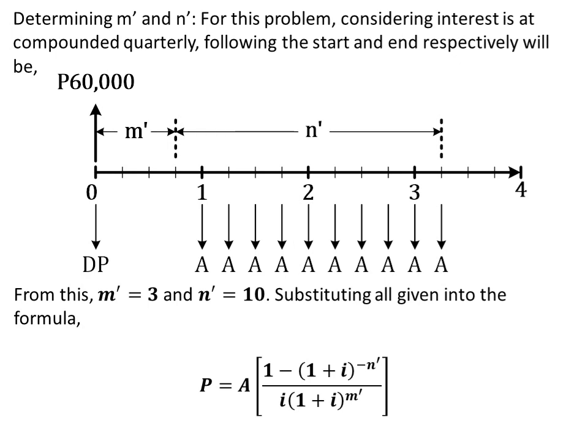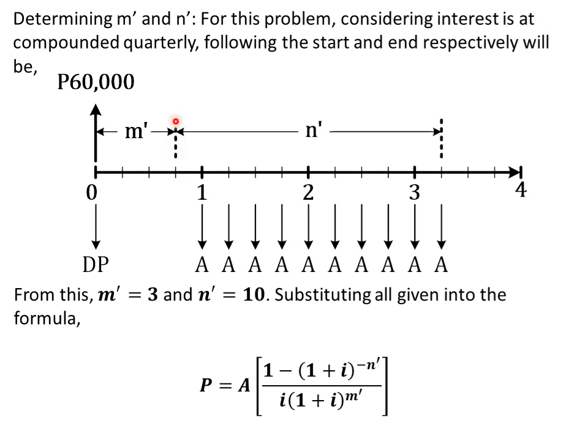Now, before we proceed with substituting all given into the formula, we have to determine first m prime and n prime. Okay, so for this problem, considering interest is compounded quarterly, m prime starts at the beginning, and the end of your m prime will be 1 period before your first payment. Since this is compounded quarterly, you count 1 quarter before your first payment, that will be the end of your m prime.